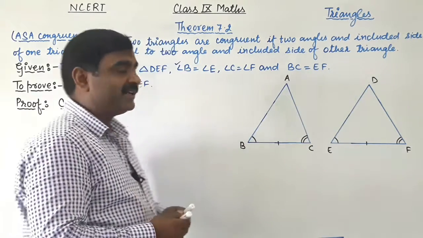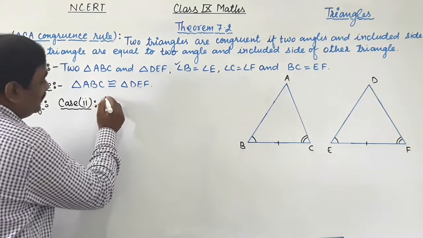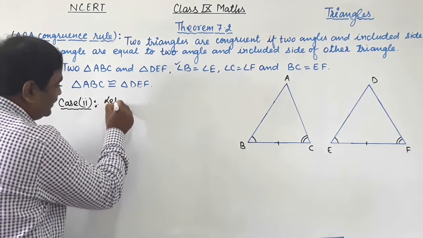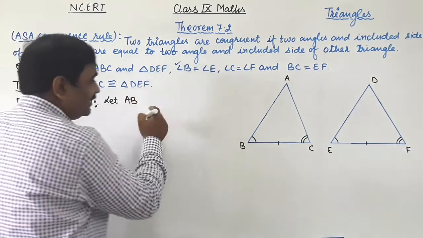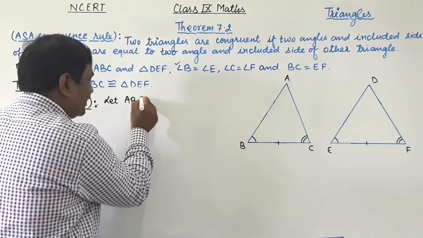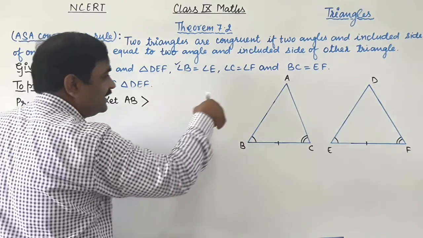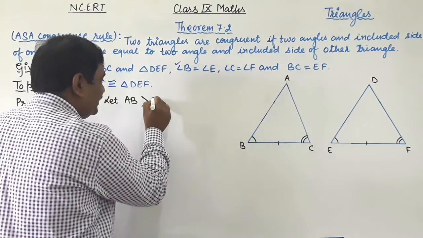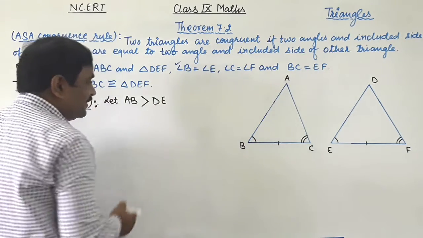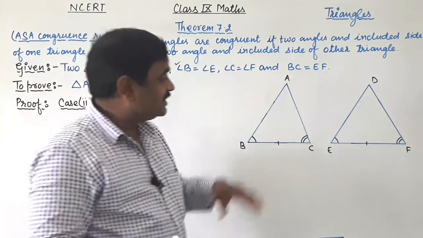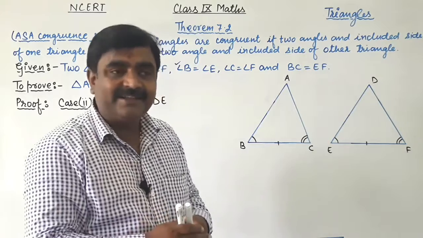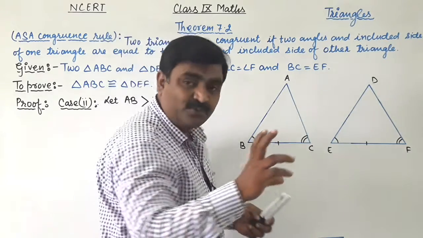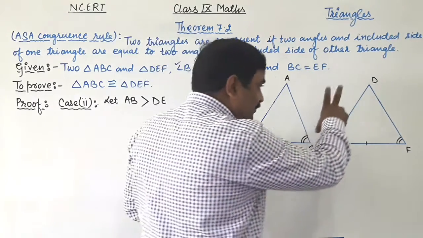So now in the second case, what do we do? In the first case we took AB equal to DE. In the second case, we are going to take, let AB, this side of triangle ABC, be greater than the side DE of triangle DEF, right? When AB is greater than DE, you have to do a few constructions.